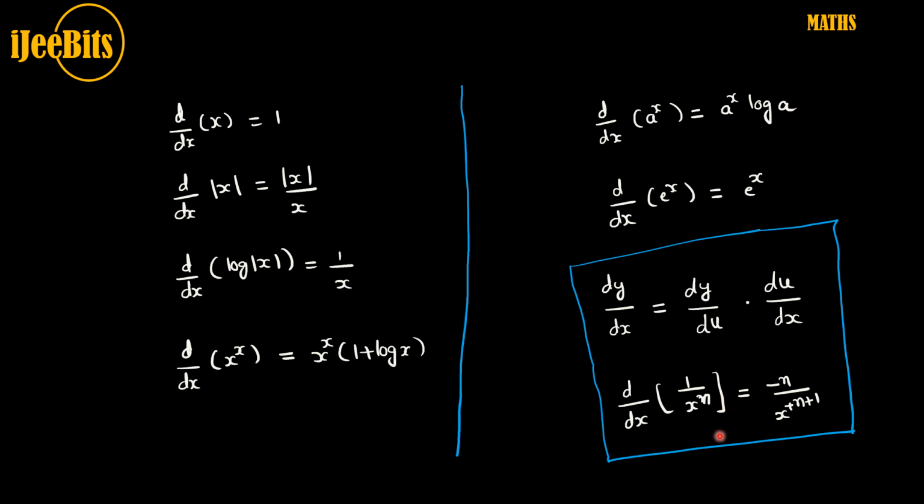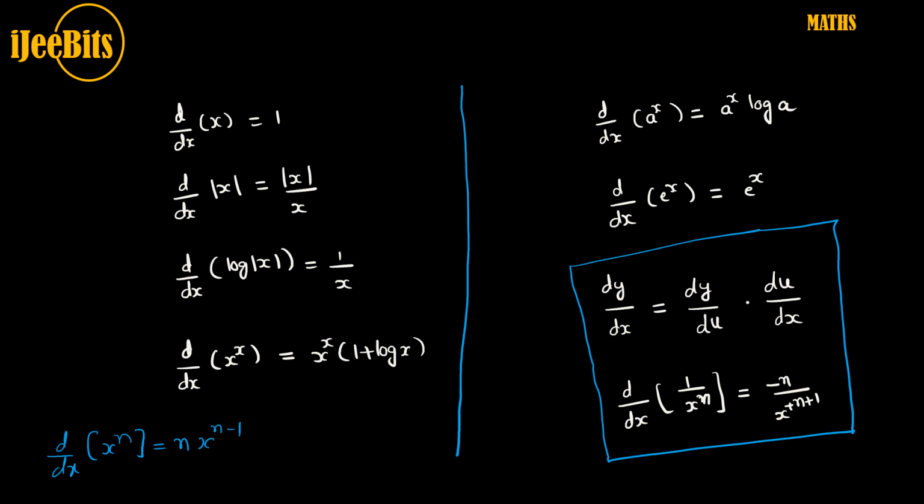One more thing, we studied x power n, right? When you have x power n, the answer would be n into x power n minus 1.